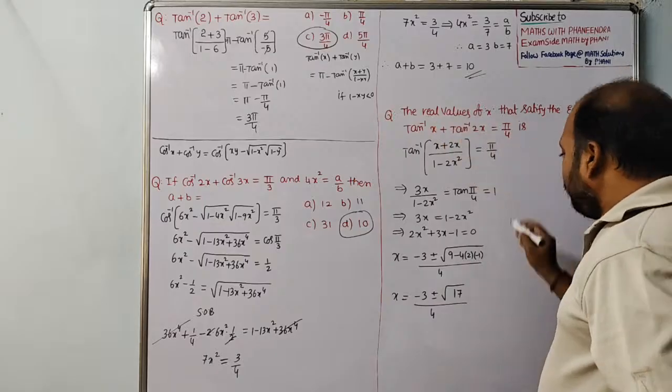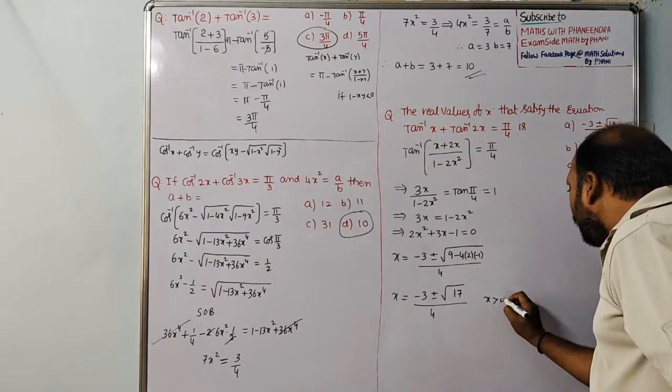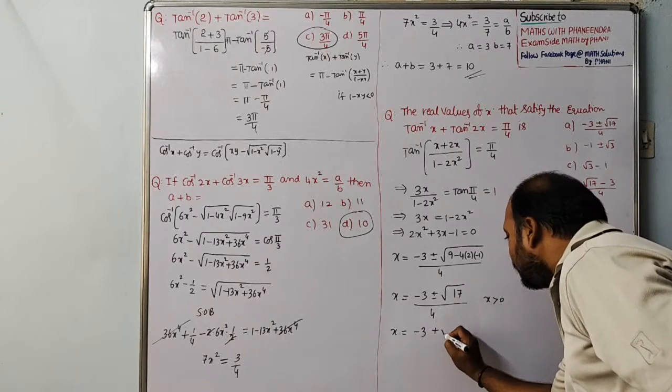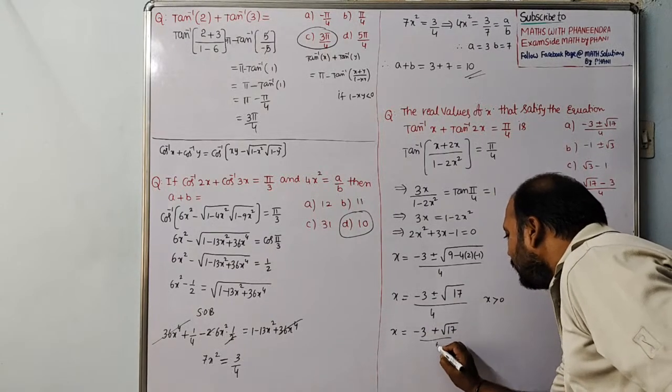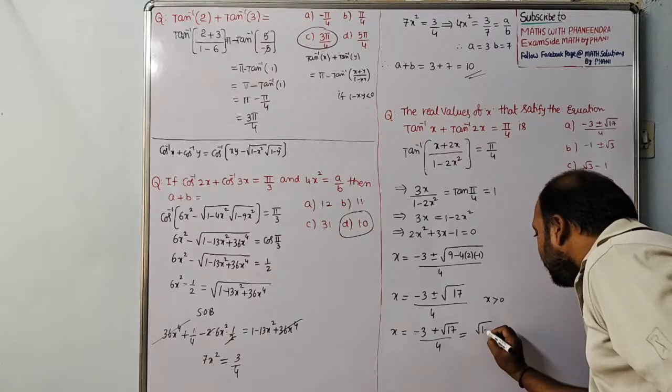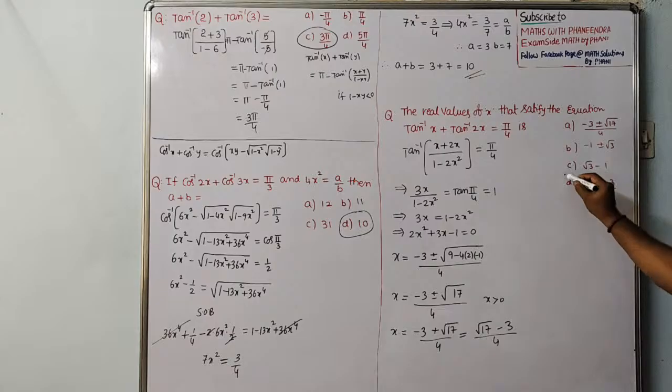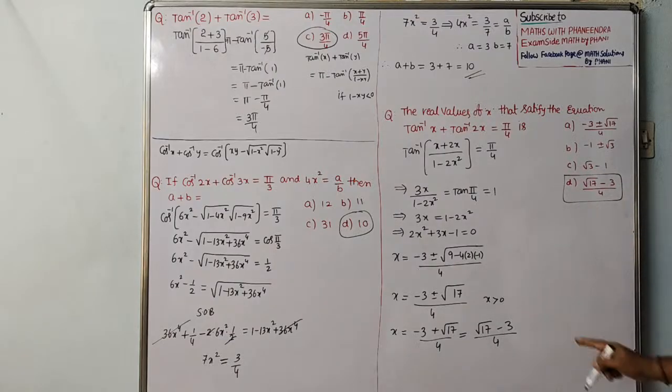For all real values of x, since x is greater than 0, you can consider x equal to minus 3 plus root 17 by 4. That we can write as root 17 minus 3 divided by 4. It is there in the fourth option, dear students. I hope you understand. We'll move to another set of questions.